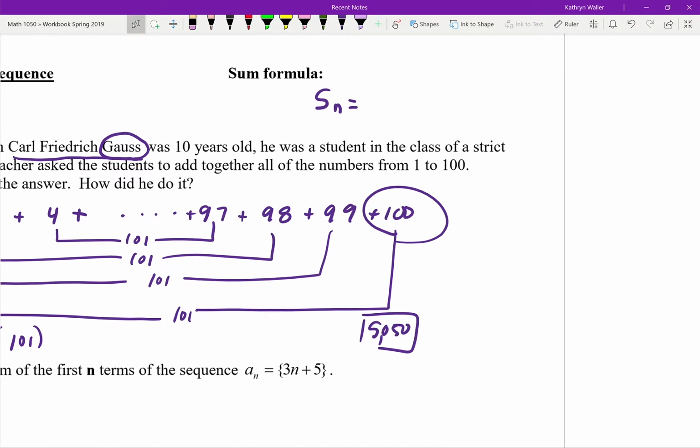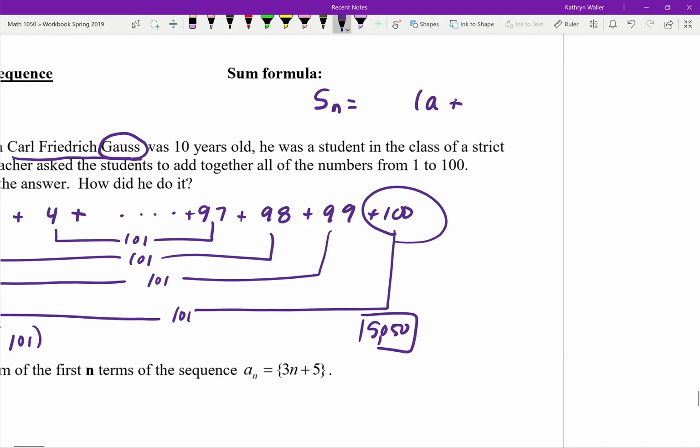What have we been writing for it? A or a sub 1. Yeah, so let's go a sub 1, right? Plus, and then the symbolism for the last term. Well, if I'm trying to add the first n terms together, then the last term would be a sub n.